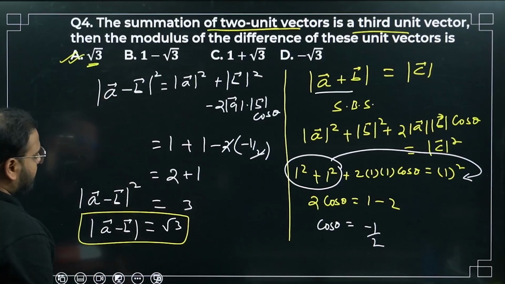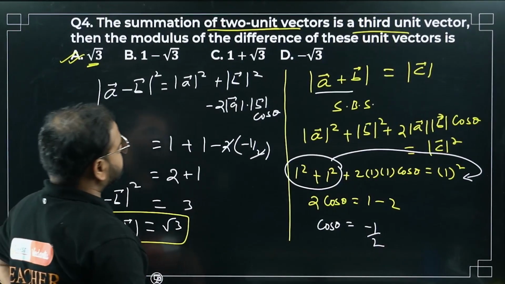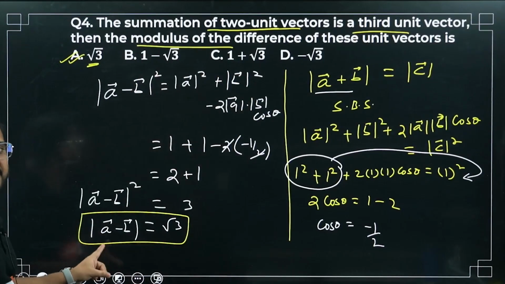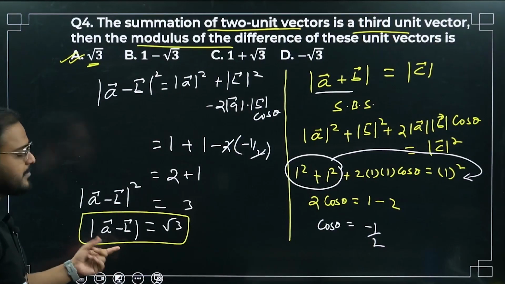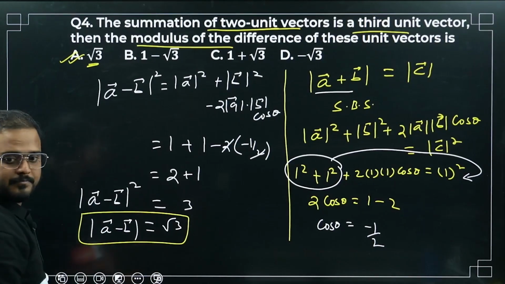All right, great. Mod A minus B is equal to root 3. The modulus of the difference of the two vectors is root 3. Okay, moving on.